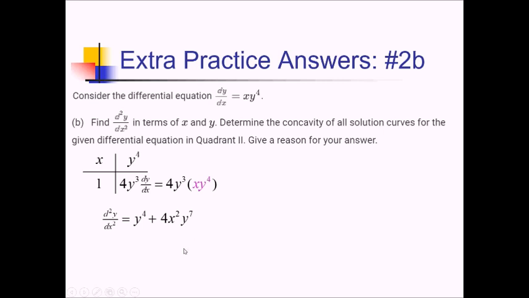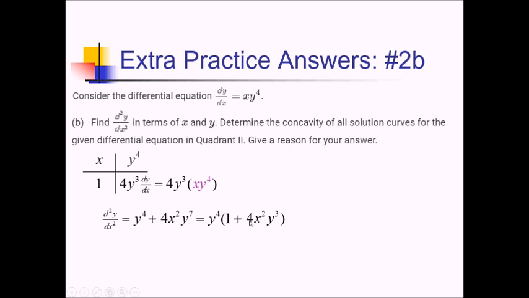At the very least, we can make some generalizations about the signs of x and y in quadrant 2. So we're going to end up needing to do a little bit of sign analysis on this second derivative. Now, before I talk more about quadrant 2, to make my sign analysis a little bit easier, I'm going to factor out a y to the fourth. That'll leave me with 1 plus 4x squared y cubed.